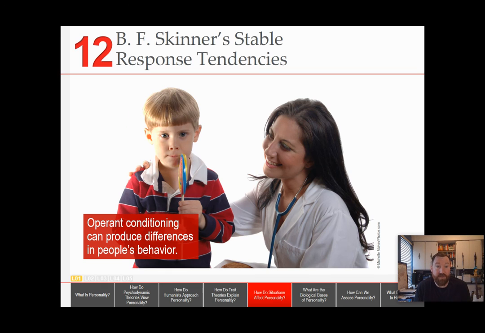So for Skinner, it's all about our responses, what we do, and then how those behaviors are either reinforced or punished. Very different from the trait perspective. The trait perspective looks at things through self-report, where you fill out a survey and how you're more likely or less likely to respond gives us a sense of personality, a stable pattern of behaving over time.